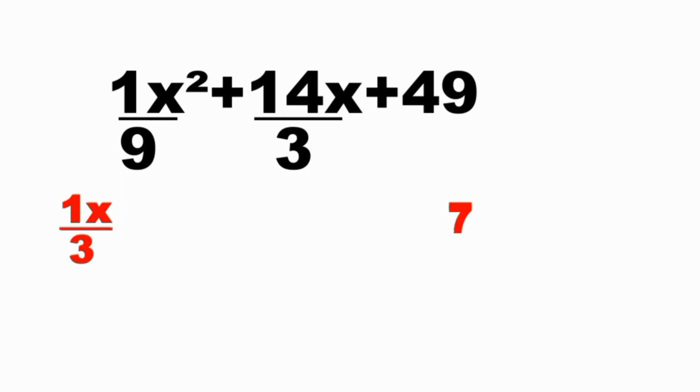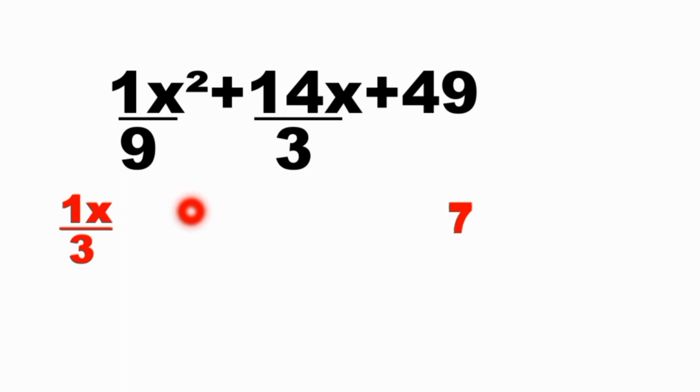And the middle term, we're going to derive the middle term. The middle term is twice the product of the first term and the last term.